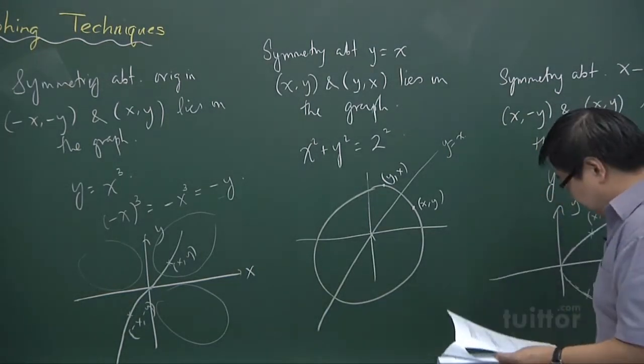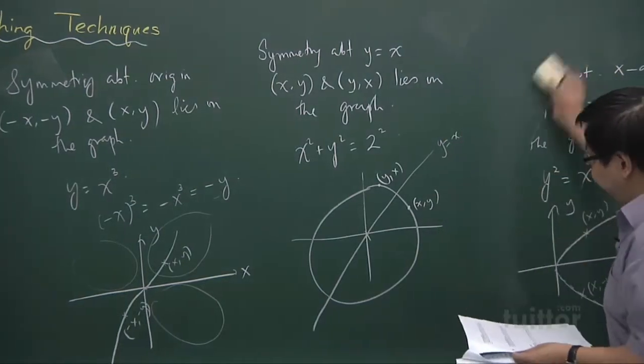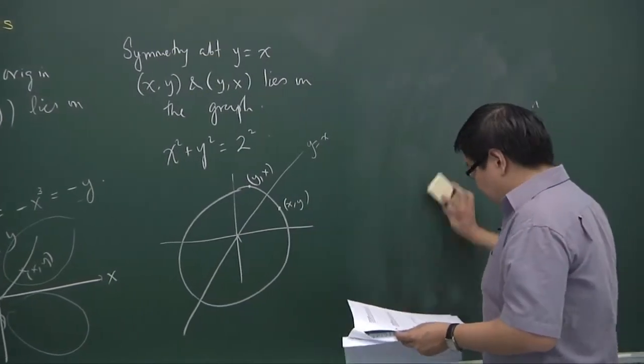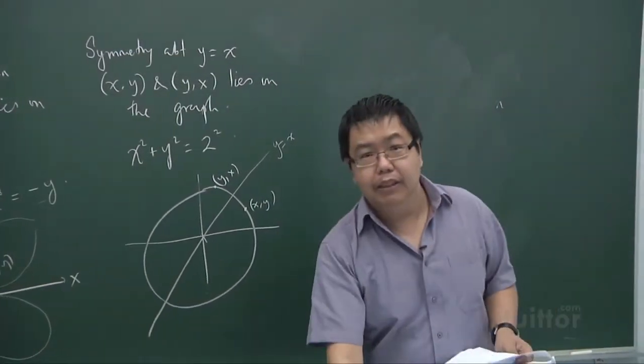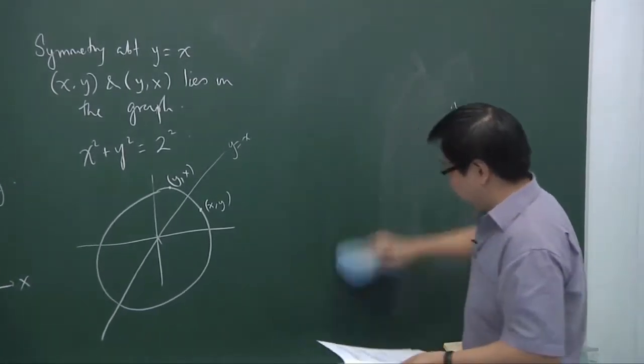Okay? Now we look into asymptotes. In one of the video clips in the previous chapter, we talked about asymptotes, and I promised that I'll be going through that in this chapter.